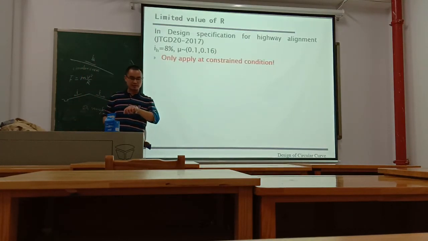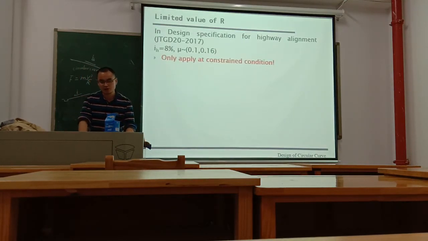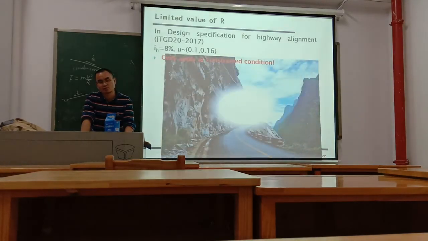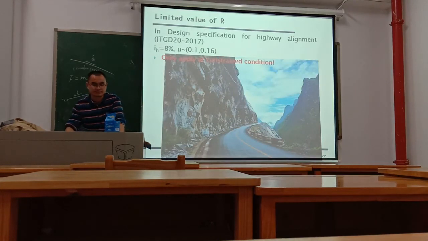In design specification for highway alignment, IH is equal to 8%. Mu is changeable from 0.1 to 0.16. Only apply at a constrained condition.